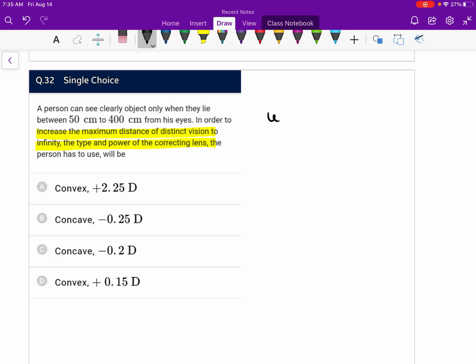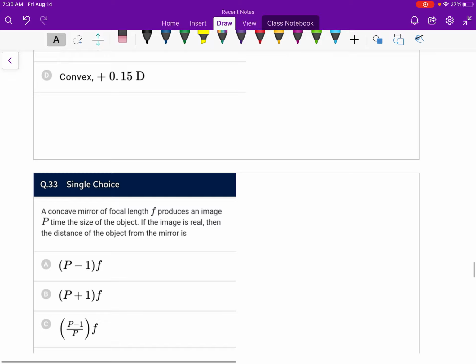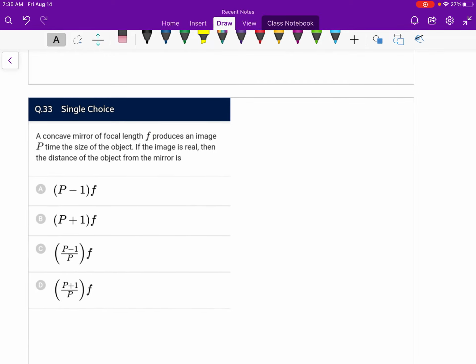So U is minus infinity and V is minus 4 meter. So 1 by V minus 1 upon U is equal to 1 upon F. So focal length is minus 4 meter. So power is minus 0.25 diopter. Minus means concave. So concave with 0.25 diopter.